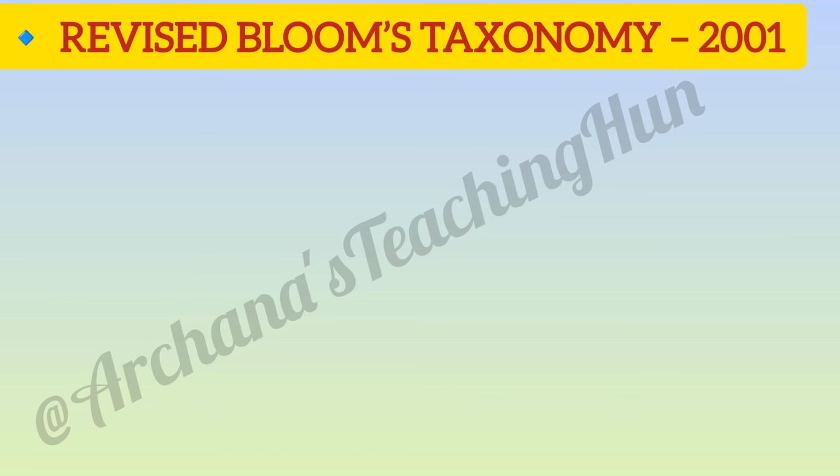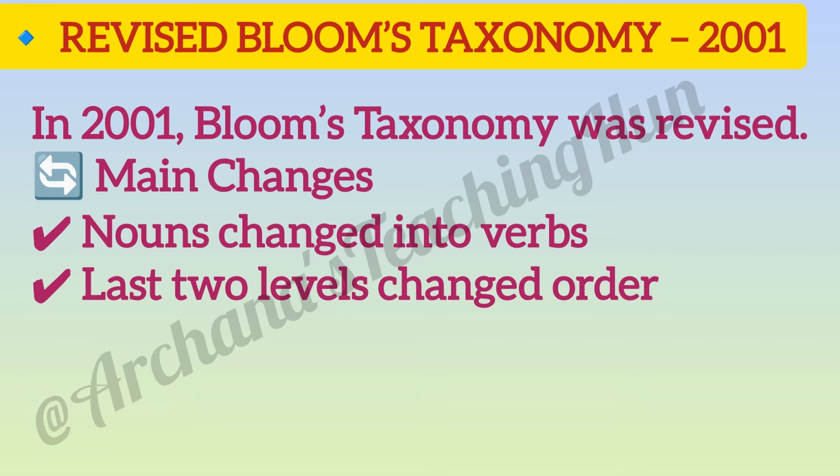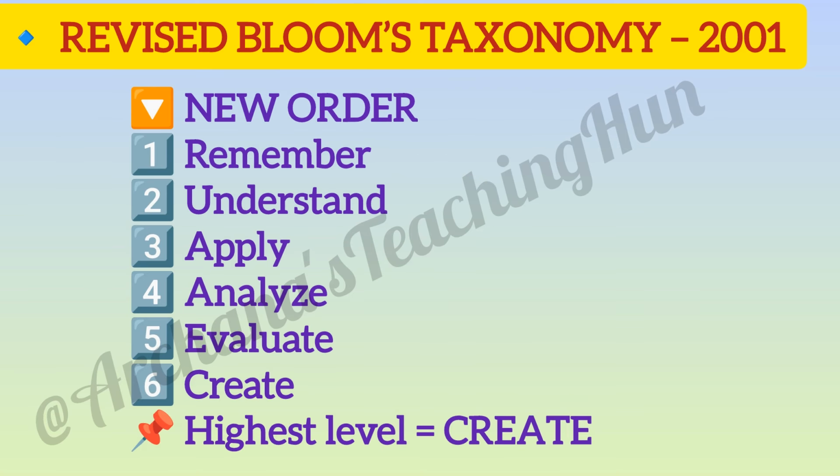Now revised Bloom's taxonomy, 2001. In 2001, Bloom's taxonomy was revised. Main change: nouns changed into verbs. Last two levels changed in order. New order: first remember, second understand, third apply, fourth analyze, fifth evaluate, sixth create.